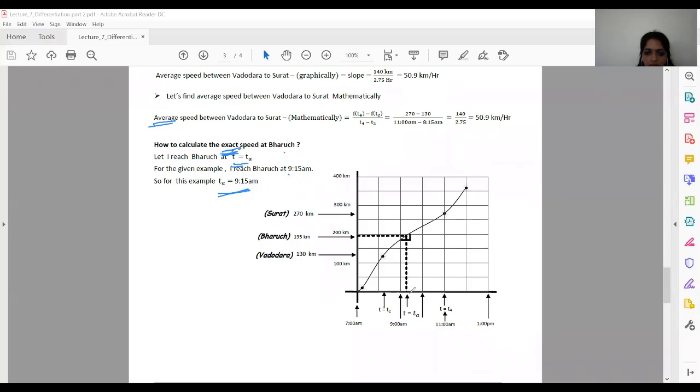So at 9:15 am I reach Bharuch. Dear students, this point indicates Ta and f of Ta, right? This Ta is 9:15 and this f of Ta is the total distance covered, which is 195.